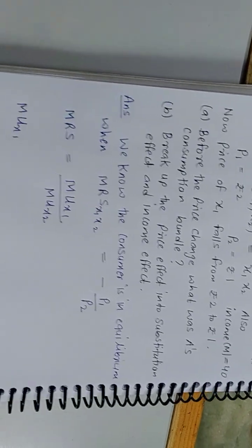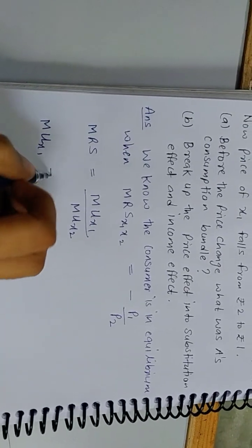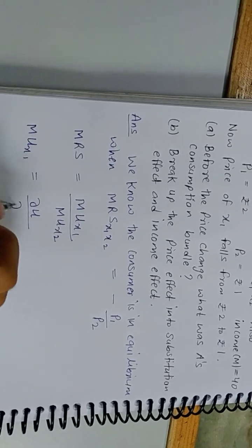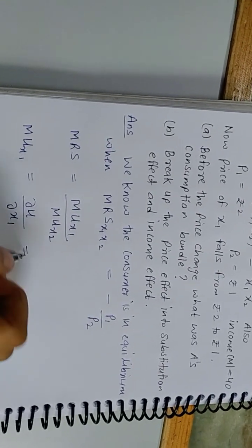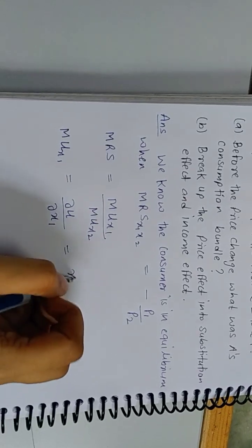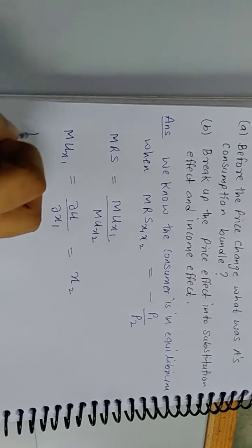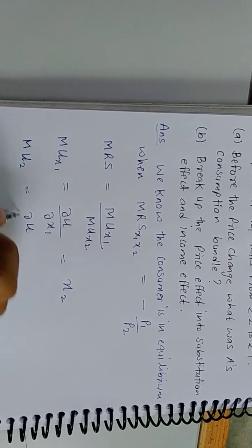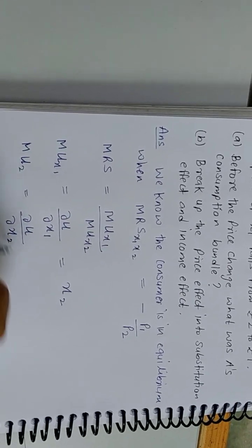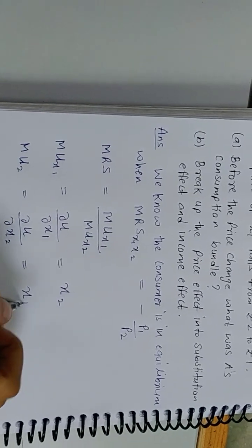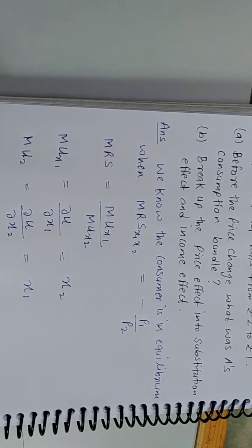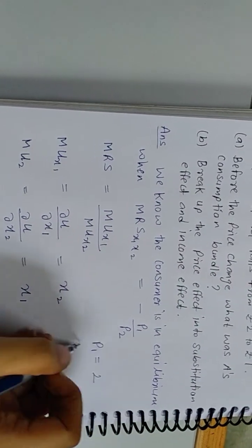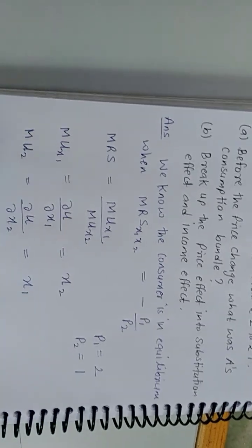MUx1 is the derivative of the utility function with respect to good 1, which will be x2, and the derivative of the utility function with respect to good 2 will be x1. We are given that the price of good 1 is 2 and the price of good 2 is 1.